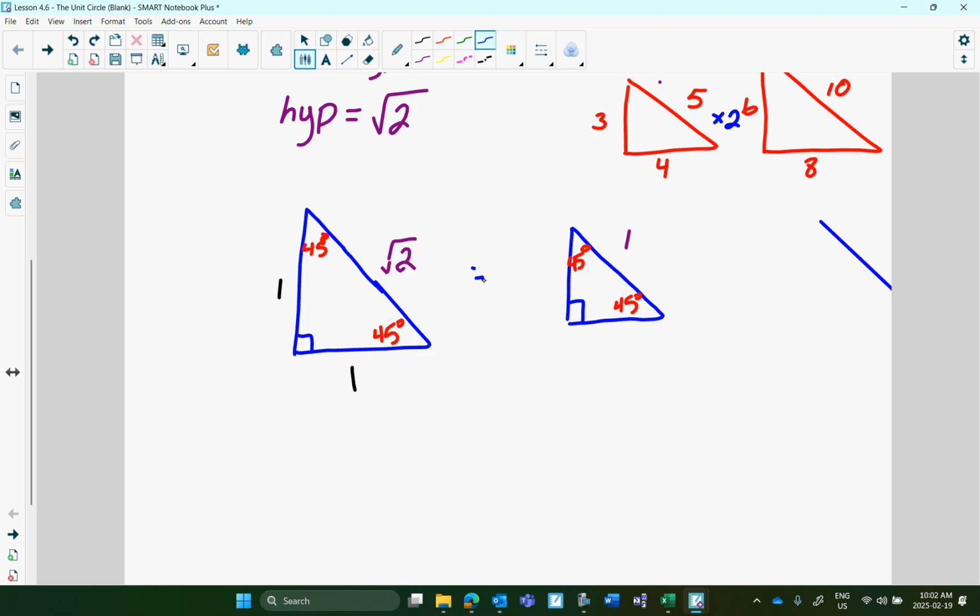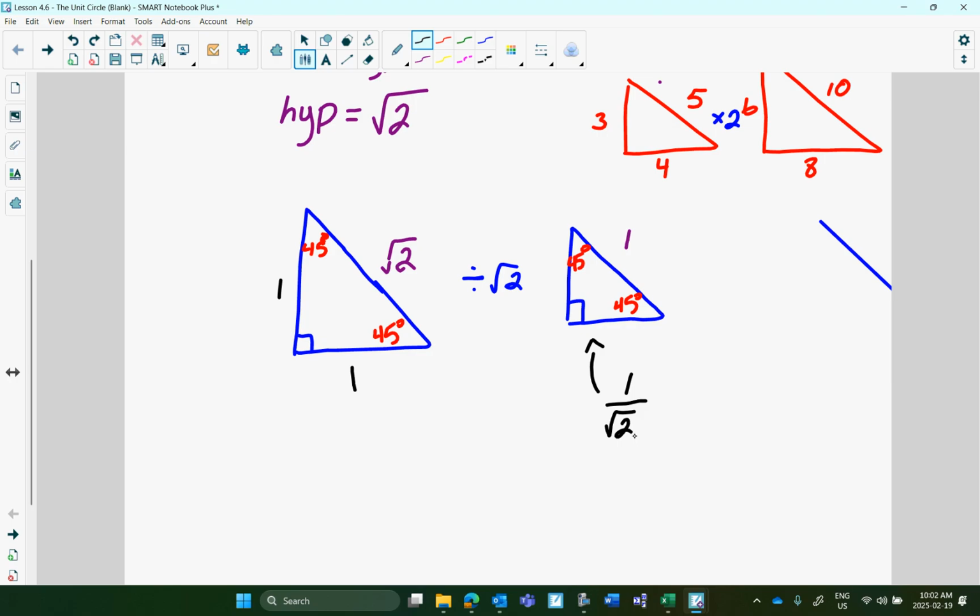This up here. So therefore, this side is going to be 1 divided by root 2, right? Because if I want to go from root 2 to 1, make it proportionally smaller, I got to divide everything by root 2.